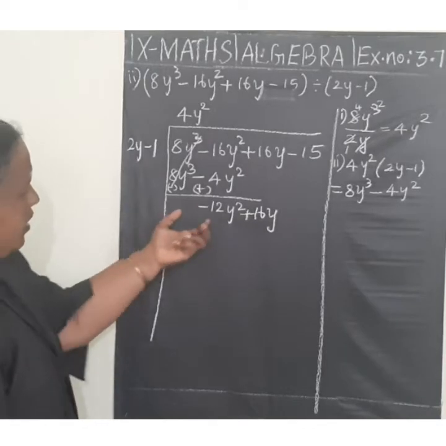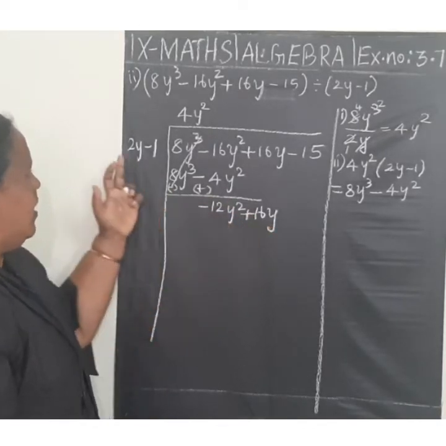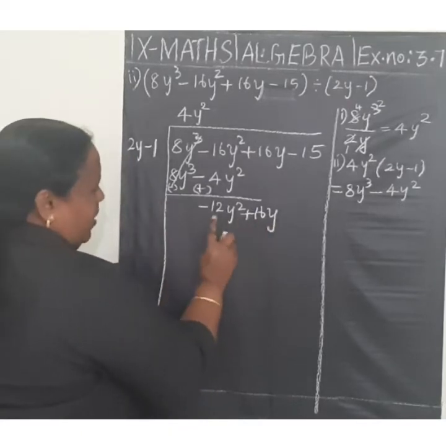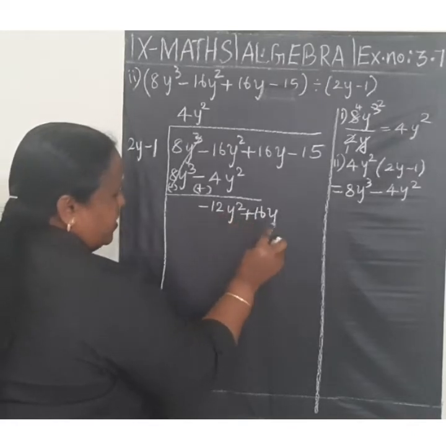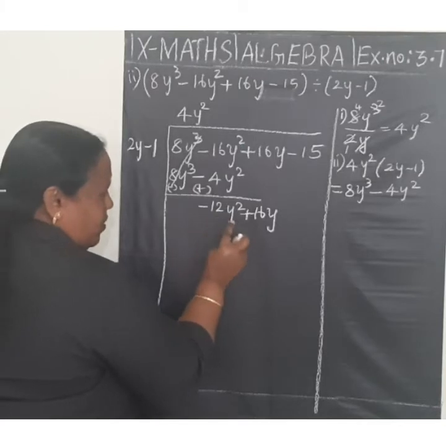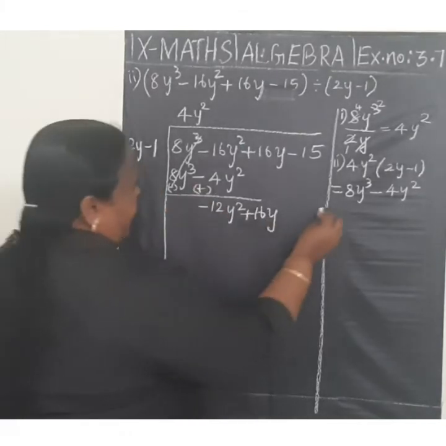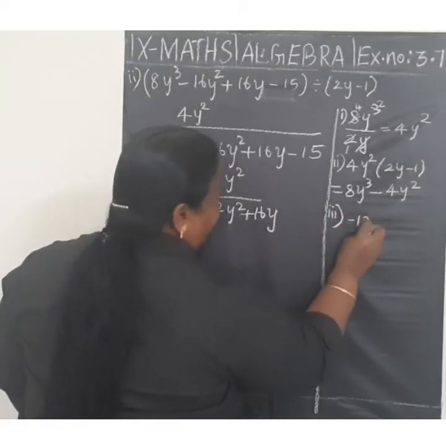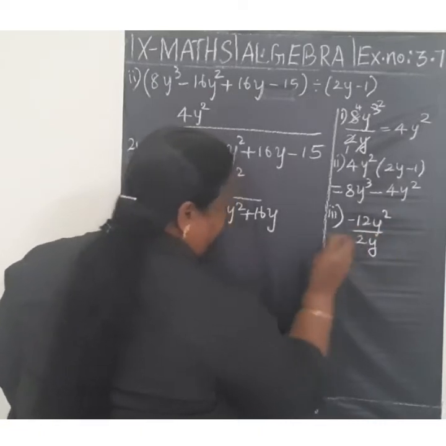Now we have to divide this minus 12y square plus 16y by 2y minus 1. In this polynomial we take the first term, minus 12y square, divided by the first term of the divisor, 2y.